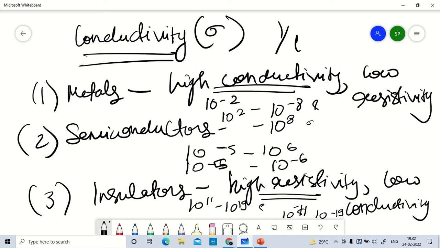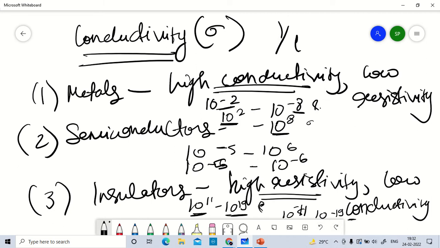So here you can see that for metals, the conductivity value is positive, 10 raised to power 2 to 10 raised to power 8, whereas the resistivity value is negative, 10 raised to power minus 2 to minus 8. Similarly, for insulators, the resistivity range is higher and positive, 10 raised to power 11 to 10 raised to power 19, whereas the conductivity is 10 raised to power minus 11 to 10 raised to power minus 19.